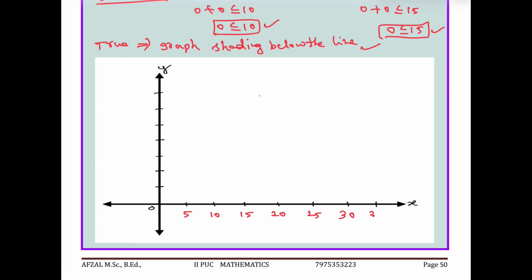Next question. Find the unit vector perpendicular to each of the vectors a and b. The unit vector perpendicular to both a and b formula is a cross b divided by magnitude of a cross b. First we need to find a cross b. A cross b means the determinant i, j, k, a coefficients 3, 2, 2, b coefficients 1, 2, -2.